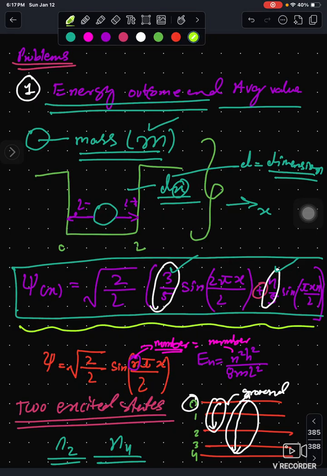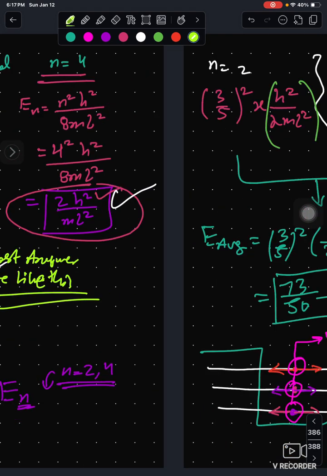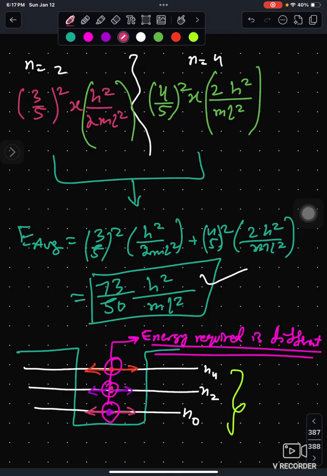And so this is the superposition for the particle. If the particle is in this state, its probability is this over here.